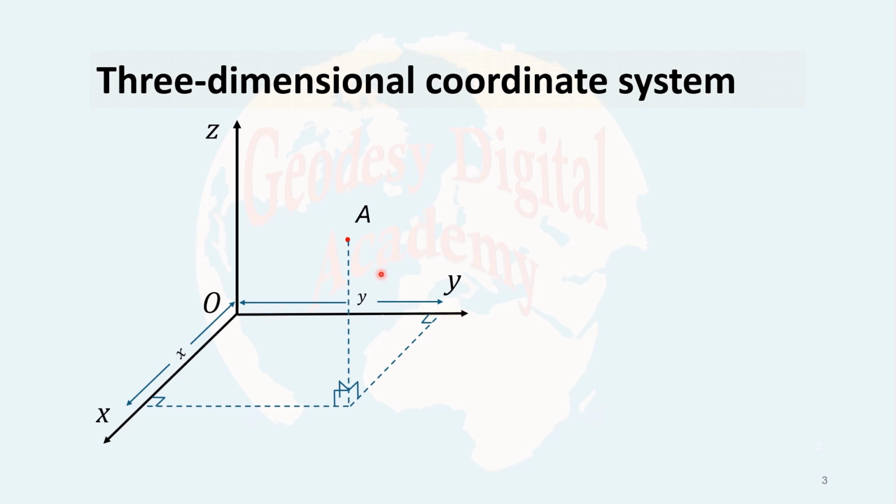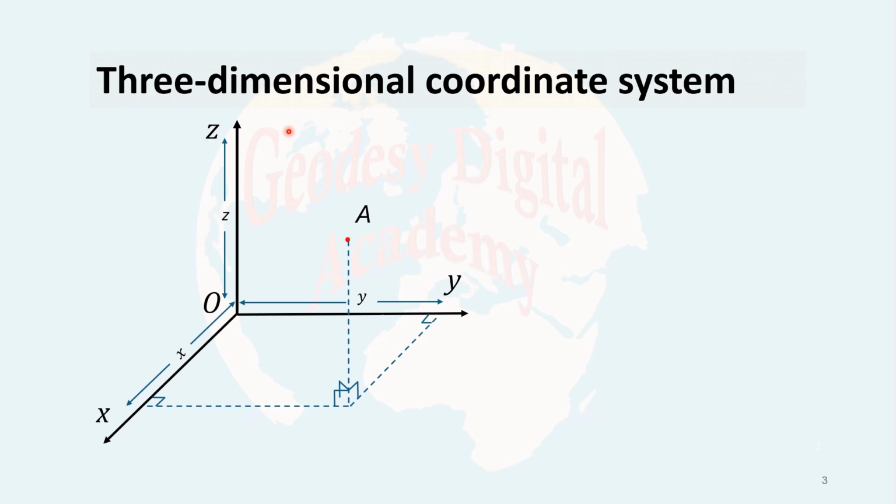And how much the point has been continued downward to this plane, this size will be actually the z coordinate. So the coordinates of a point in a three-dimensional coordinate system can be presented by three coordinates, x, y, and z.